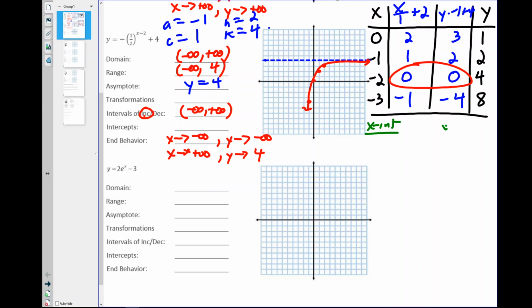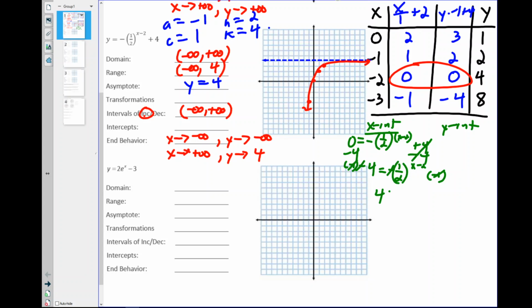X-intercept, y-intercept. For the x-intercept, you put a 0 for y, so 0 is equal to negative 1/2 to the x minus 2, plus 4. So I got to go minus 4, minus 4. Negative 4 is equal to negative 1/2 to the x minus 2. I multiply by negative 1 to get rid of the negative in front.